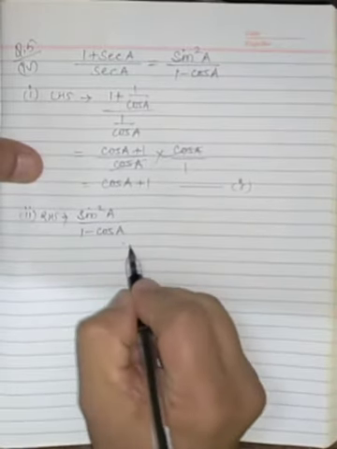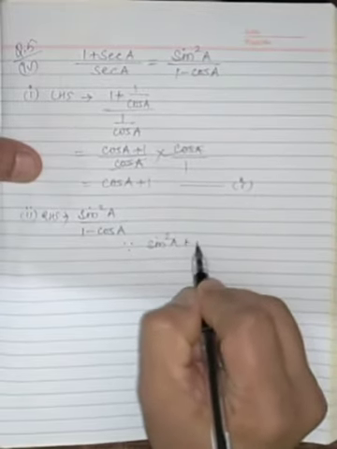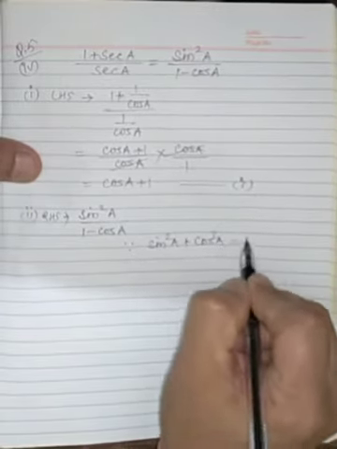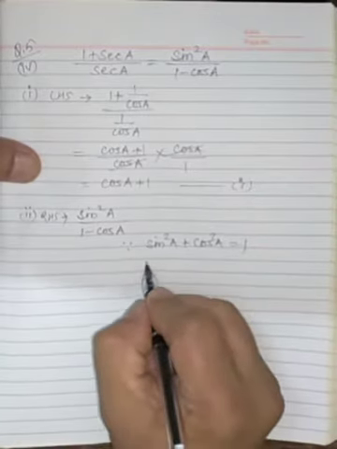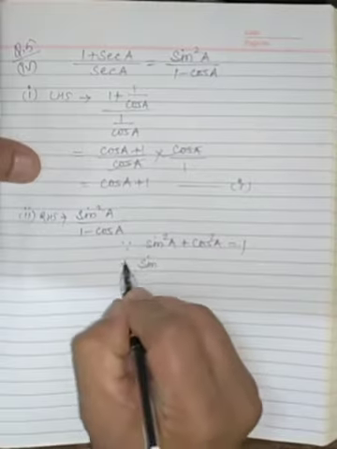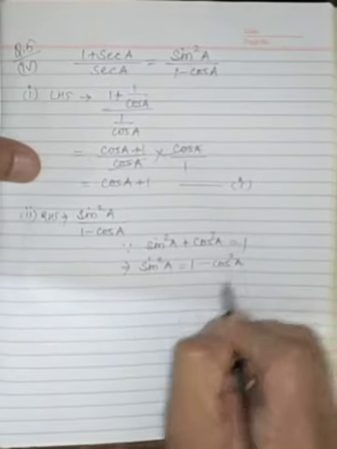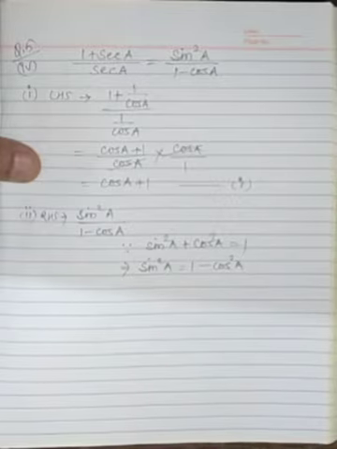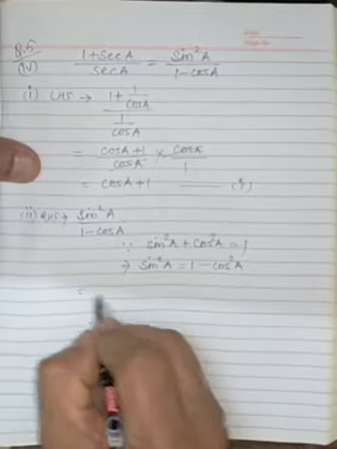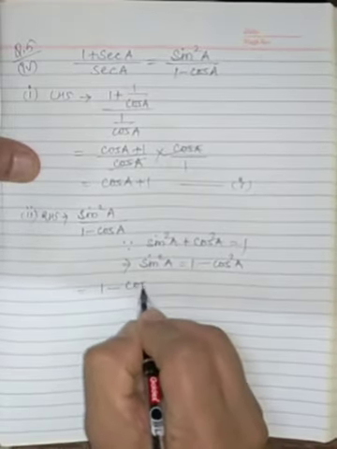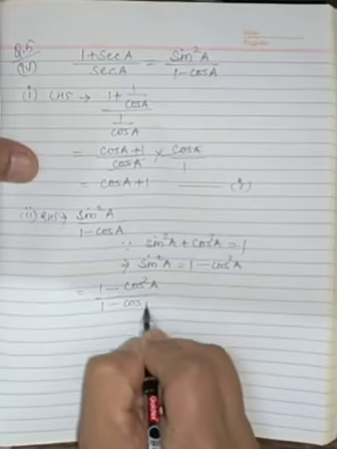Now as we know that sine square a plus cos square a is equal to 1 by trigonometric identity, that means sine square a is equal to 1 minus cos square a. So in place of sine square a, we will put 1 minus cos square a. So (1 minus cos square a) upon (1 minus cos a).